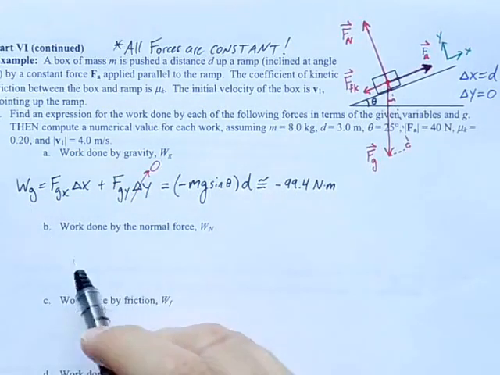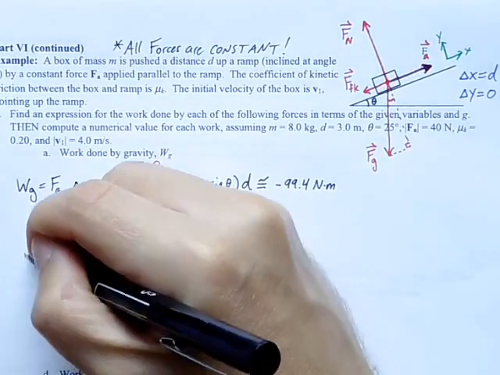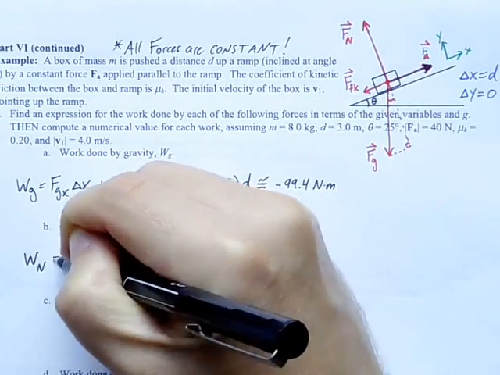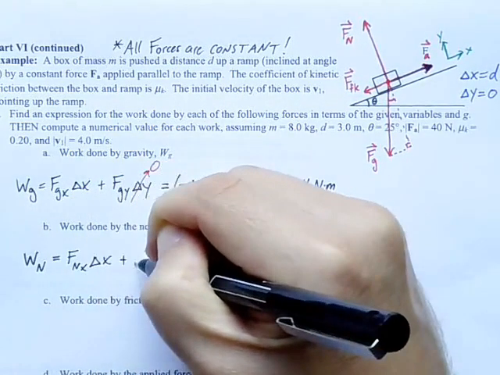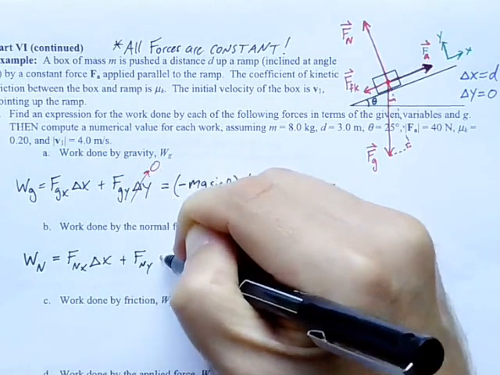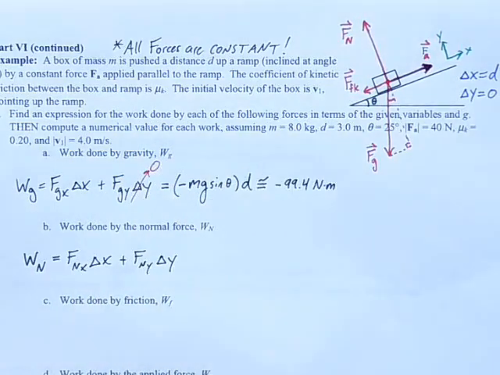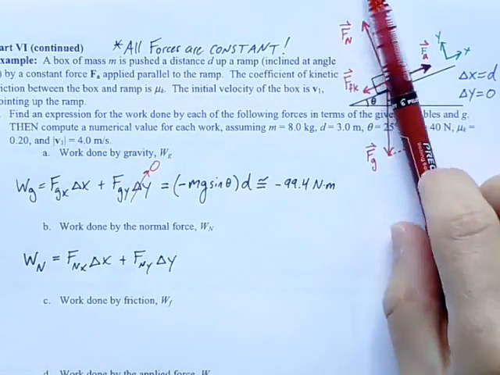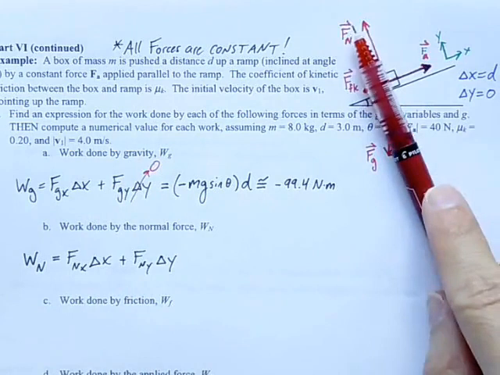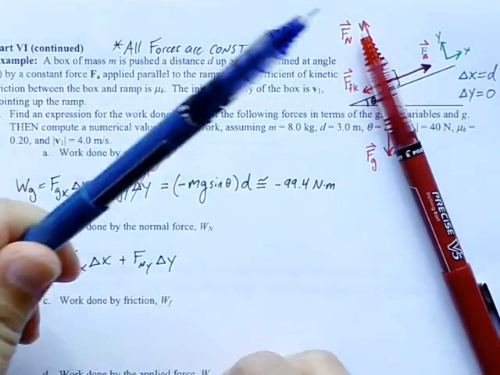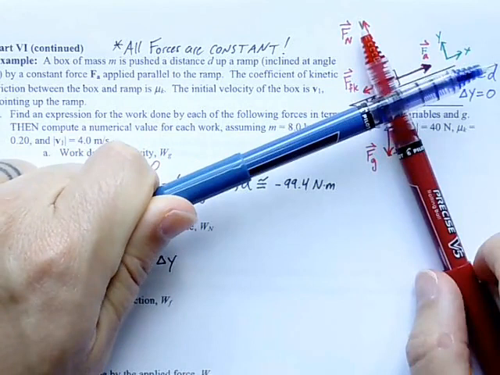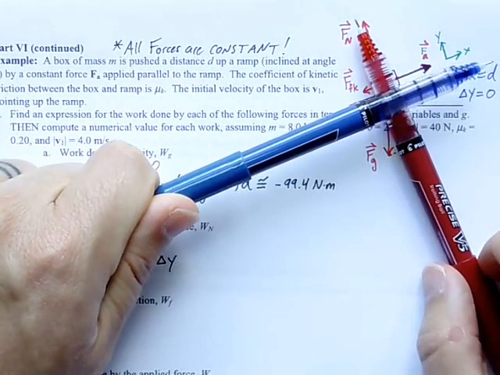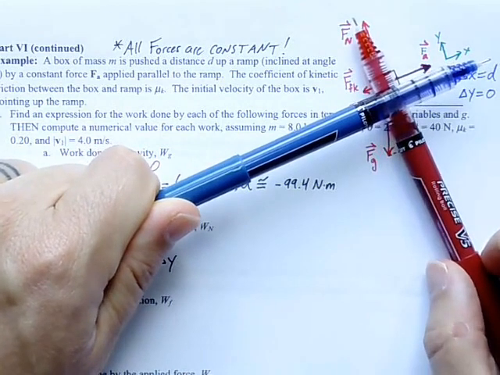Okay, next, the work done by the normal force, Wn. That'll be Fnx delta x plus Fny delta y. Let's predict the outcome. The normal force points in that direction, but our displacement is at a right angle to it. So we already know the answer. That force, being 90 degrees, perpendicular to the displacement, will not be doing positive work or negative work.